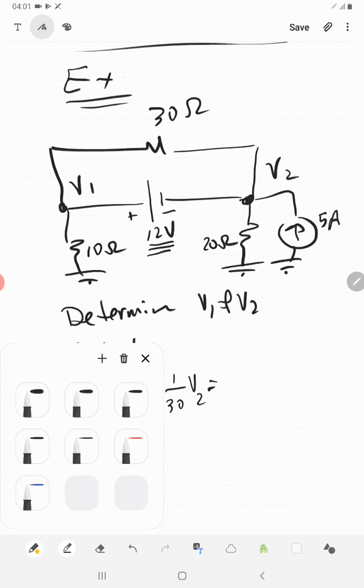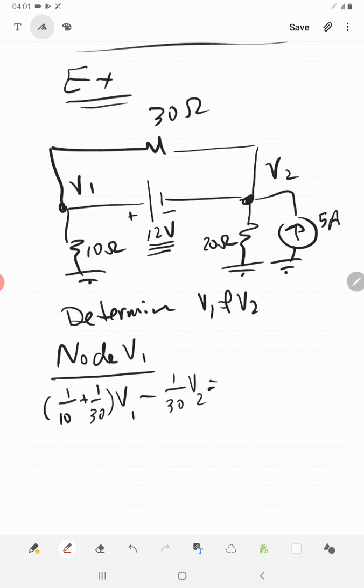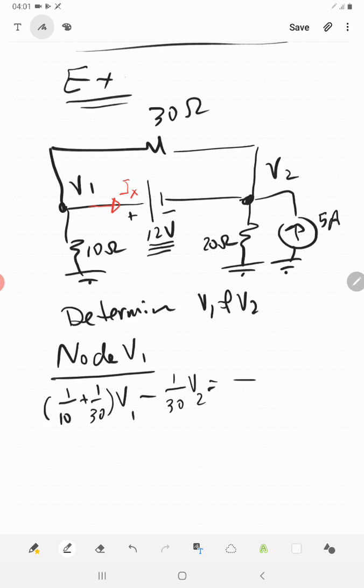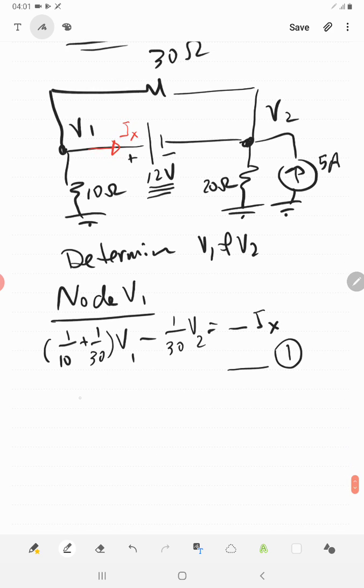So as before, we assume that we have a current here, and we call it Ix. Ix is coming out of V1, so we say this is equal to minus Ix, because Ix is coming out. So this is equation 1.